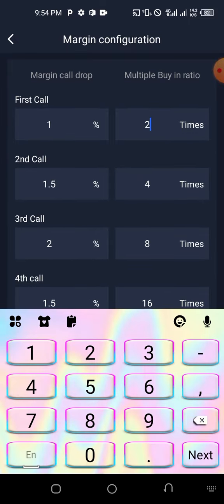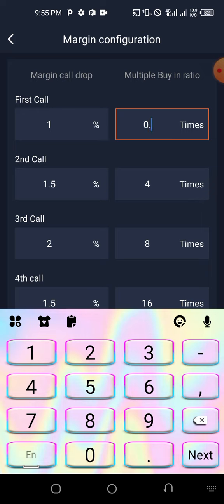Then this side of times, I will do times accordingly how much I'm having on my balance. Now, for example, here we have said that we have $200 as our capital. We have used $50 as our first buy.